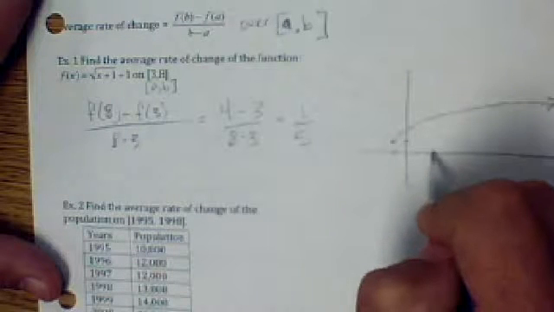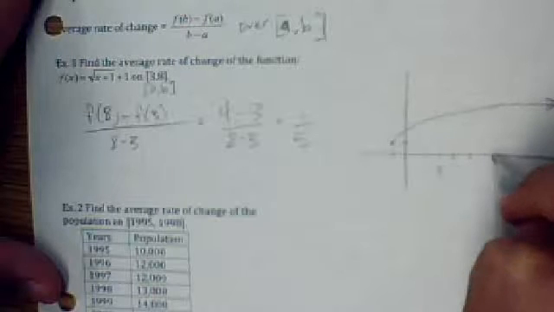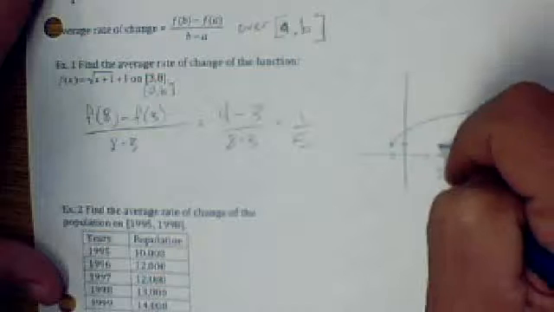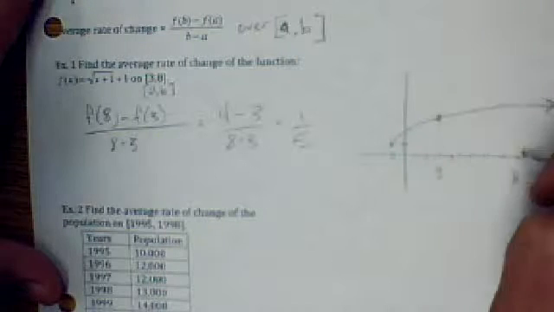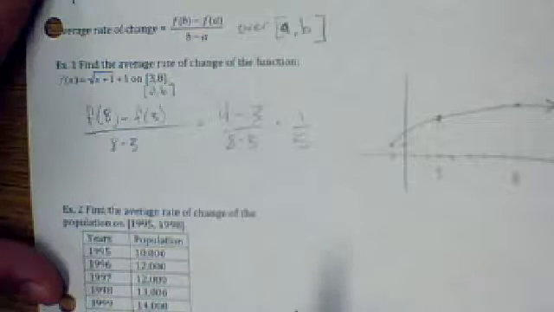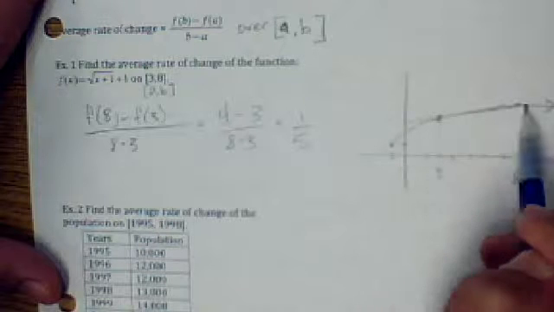So from 3 to 8, okay, over that interval right there, pardon my crooked line, I know this is going to be bad.